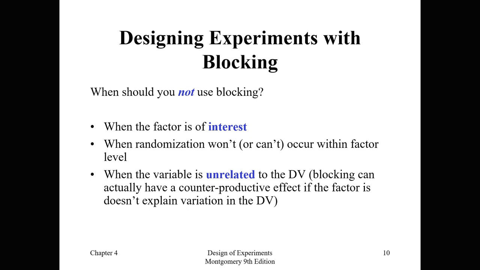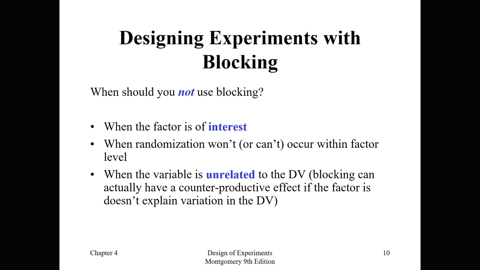Blocking is often treated as, add as many blocking factors as you can. But if the blocking factor is unrelated to the dependent variable, adding it into your design actually becomes harmful. If the blocking factor is unrelated, then when we add it, we're removing some of the degrees of freedom that are available and putting them in a factor that's completely unrelated.